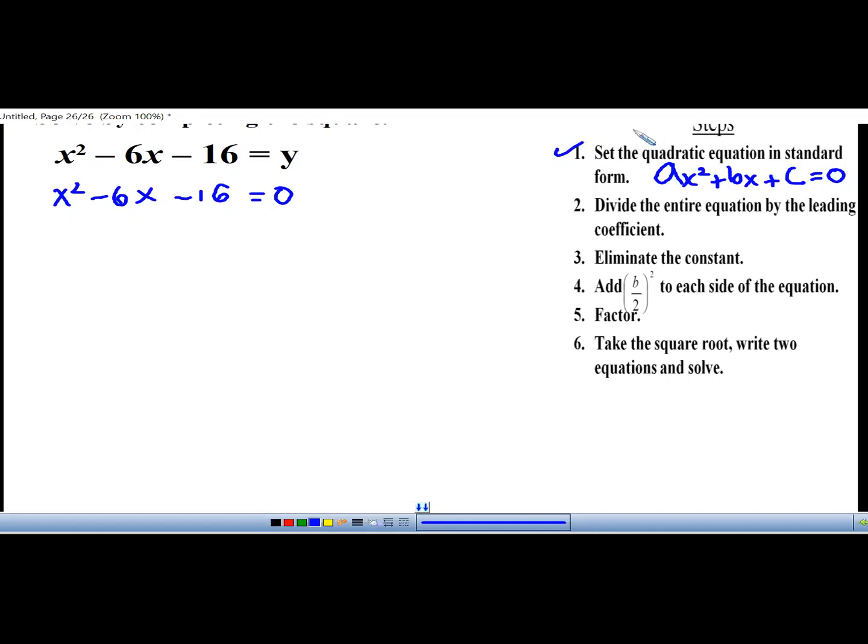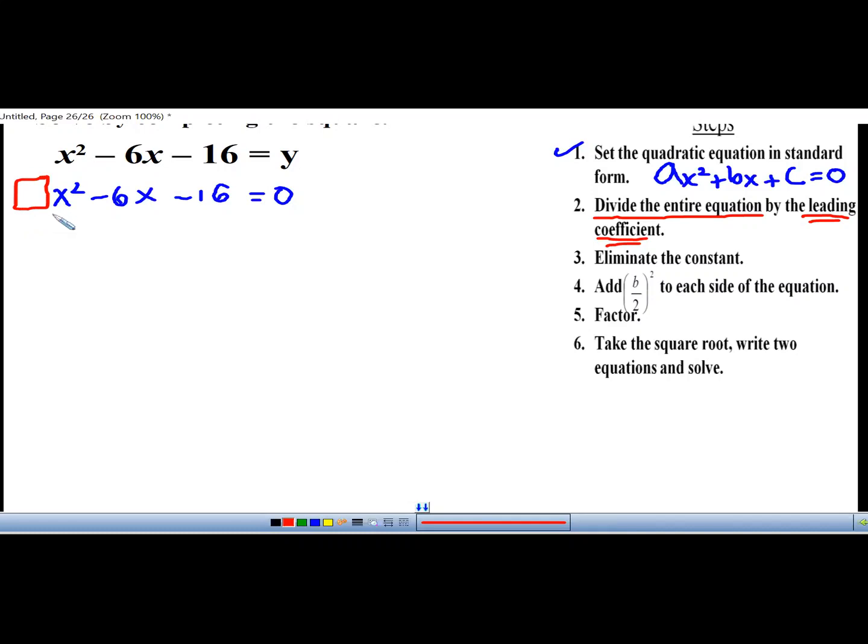Once again, writing utensils down, look up to the screen. Focus, please. Step 2. It says, divide the entire equation by the leading coefficient. Once we have the equation in standard form, we go to the first term. The first term is what? x squared. What is the leading coefficient? Well, the number multiplying that term. What is the invisible number right now?